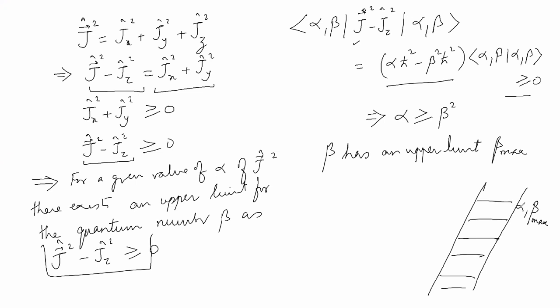To raise the value of beta by 1 unit. But here when we have reached the top rung, the top of the ladder, we cannot go further up, and that means J plus operating on |alpha, beta max> should be how much?